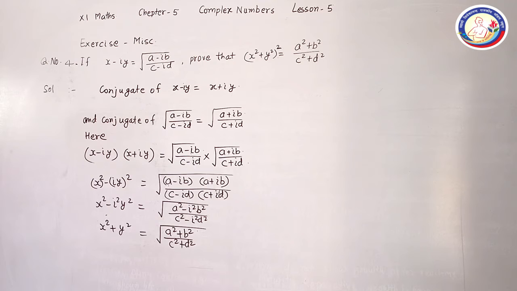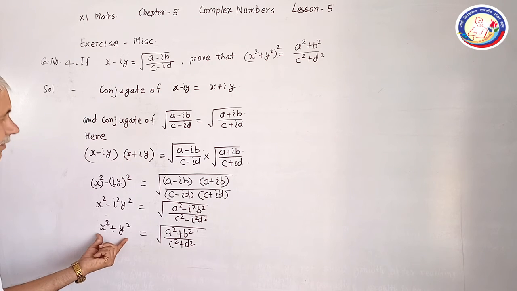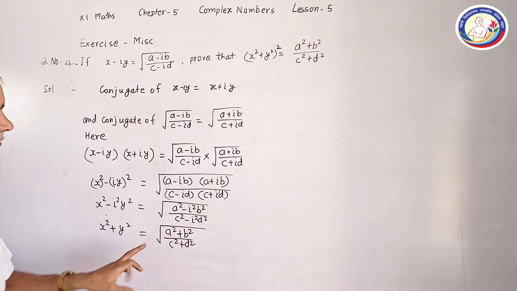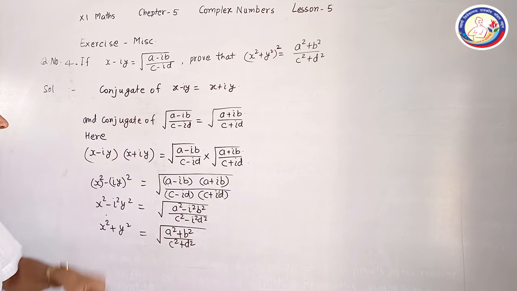Squaring both the sides, if we square it, we will get this. So we will square this side also.